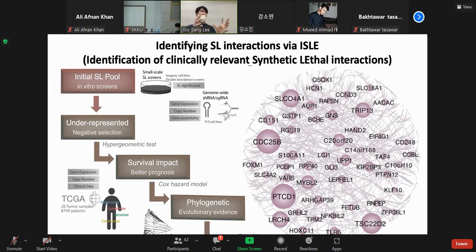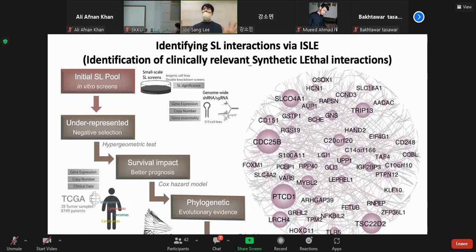So these two genes have to be functionally related. For that purpose, we used the phylogenetic profile and selected those genes that have a similar evolutionary history. The reason we performed this screening was to remove false positives from our first and second screening and to increase the chance of getting true synthetic lethal interactions.